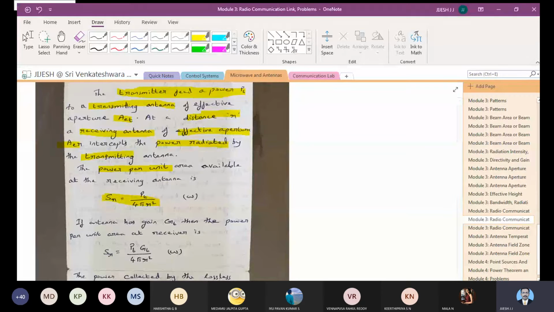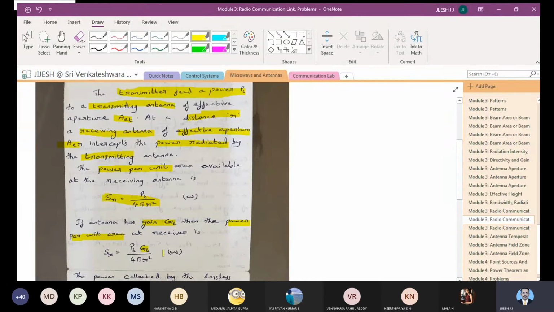If the antenna has a gain GT, if you take that the gain of an antenna is GT, then for the power per unit area the equation will be slightly modified. You have to add one more term GT there, which is called the gain of the transmitter antenna.